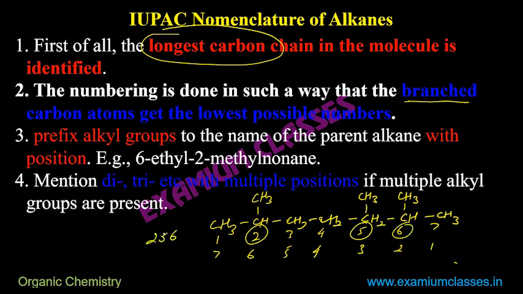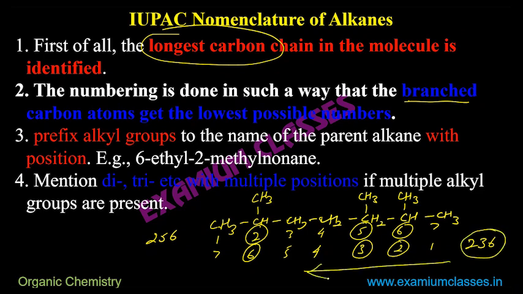If you start from right, it will be 236. Which one is a smaller number, that you will choose. 236 is less than 256. It means you will use from right side.